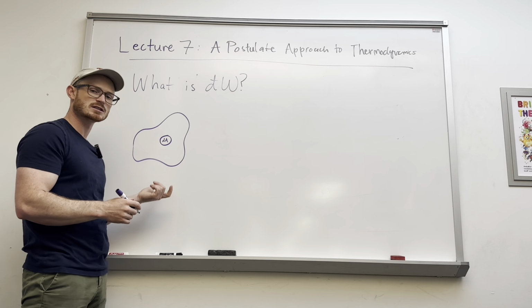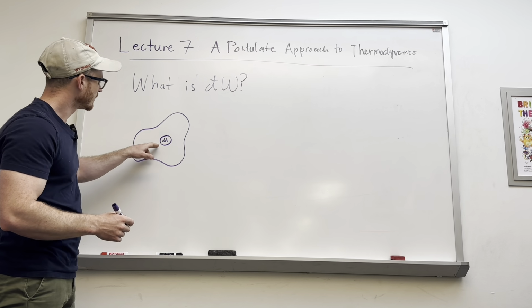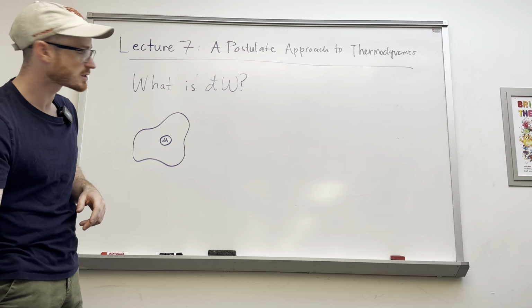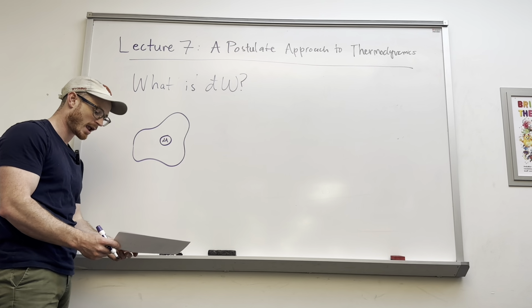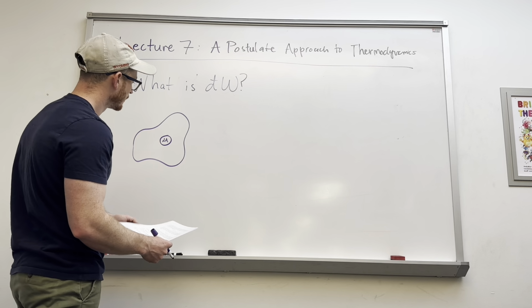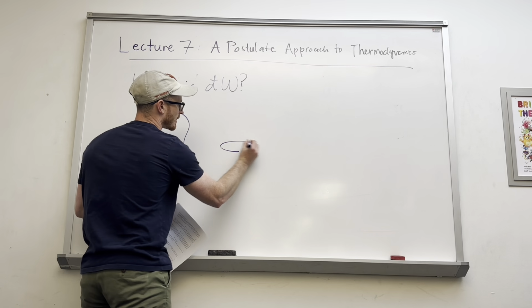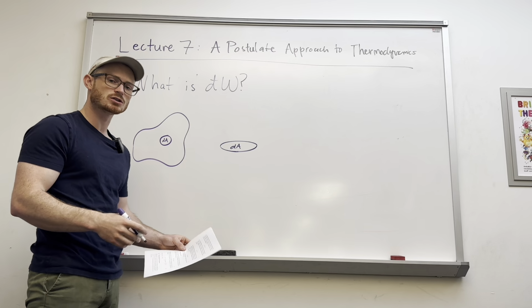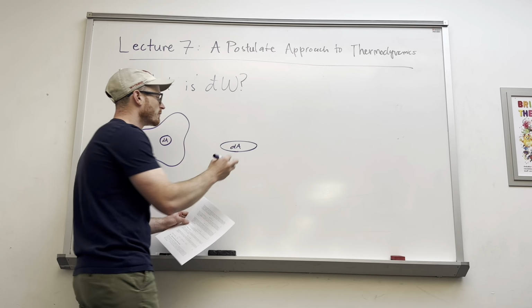So dA is a differential sized surface element, so it has units of area, right? And what we're going to say is, let's consider that if we exert a force on this boundary across A, what is the work on that boundary? So if you have this surface element dA and you exert some force on it, it's going to displace, it's going to move.